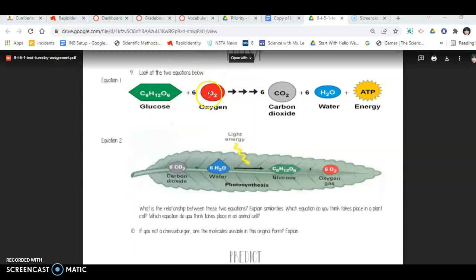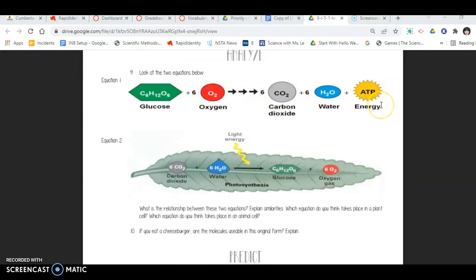On this side, you see the oxygen, and we know that something's going to be using oxygen plus sugar to yield, or give off, carbon dioxide with water and ATP energy. Well, you're going to be breaking down this glucose with the oxidation of oxygen here, and it's going to give you carbon dioxide with water and ATP. This, if you haven't figured it out, is cellular respiration.